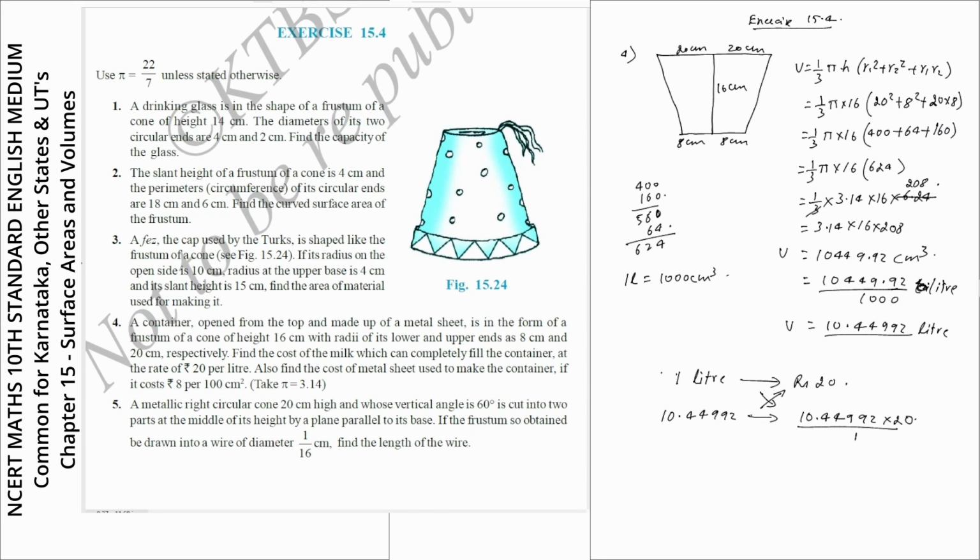So this you will get as 208.9984, or approximately it is rupees 209. Okay, so in the textbook the answer given is 209. It's an approximate answer. Exact answer is 208.9984 rupees.